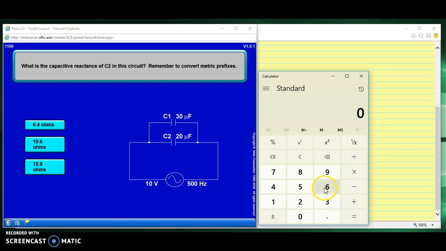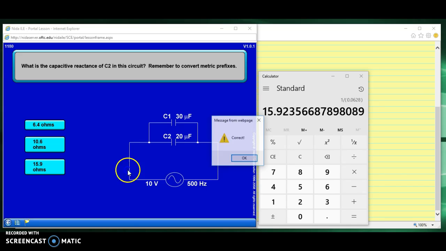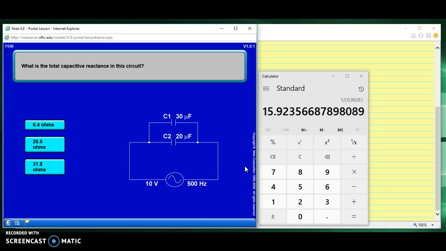So we're going to say 6.28 times 500 equals, and we're going to say times 0.000020. And again, 1, 2, 3, 4, 5, 6. That puts us right. Divide that into 1, 15.9. And no doubt it's going to ask us total.